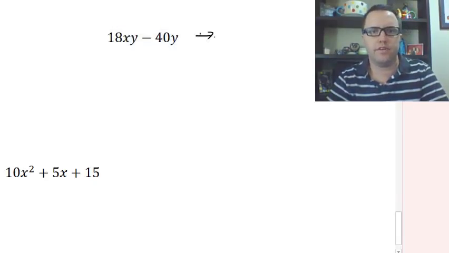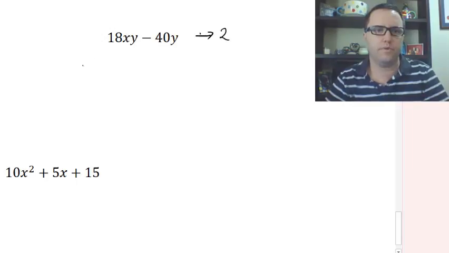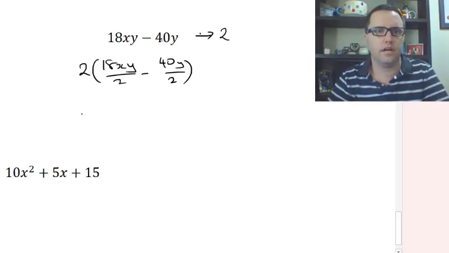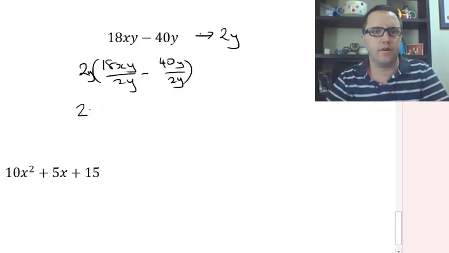Our highest common factor is going to be 2y, because there are y's in both of them. Then 18xy over 2y is 9x, and 40y over 2y is 20.